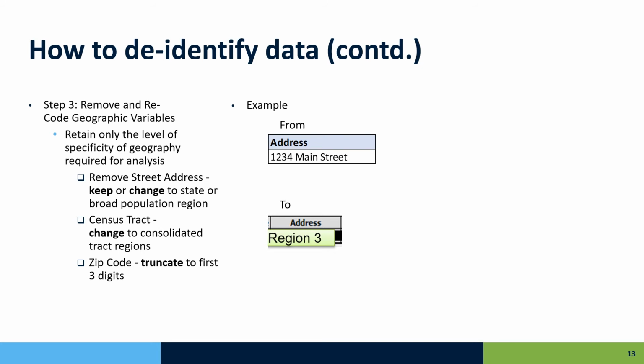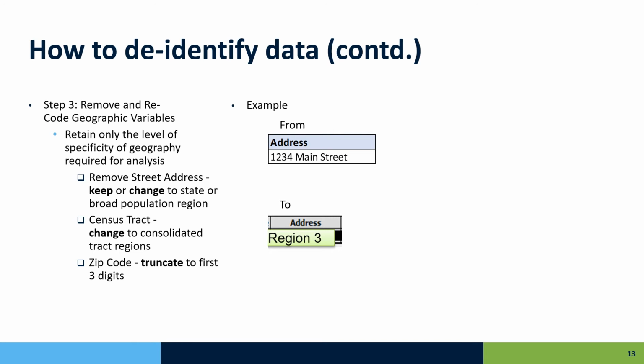Now, step 3 is very simple. We're going to remove and recode geographic variables. This can be a little bit tricky when determining which address, zip code, and census tract you can change to.